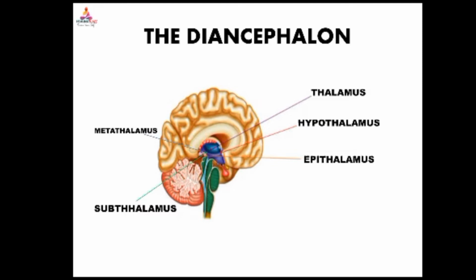Each thalamus is a large ovoid mass of nuclei lying obliquely across the path of the cerebral peduncle as it ascends into the cerebral hemisphere.